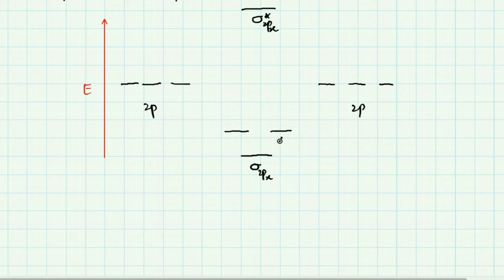So these are the pi 2py and pi 2pz. They will have the same energy, and if they are combining in out-of-phase combination of the wave functions, then they will be pi star 2py and pi star 2pz.